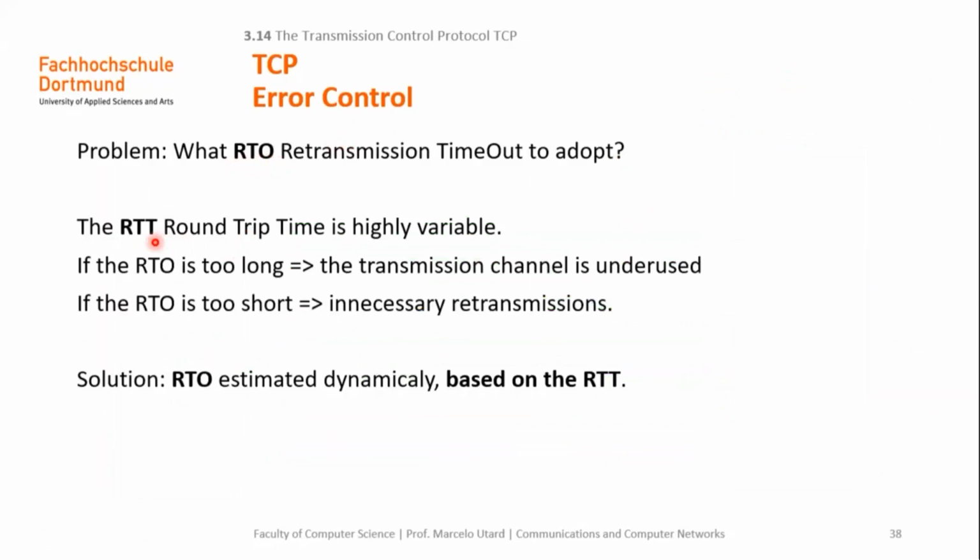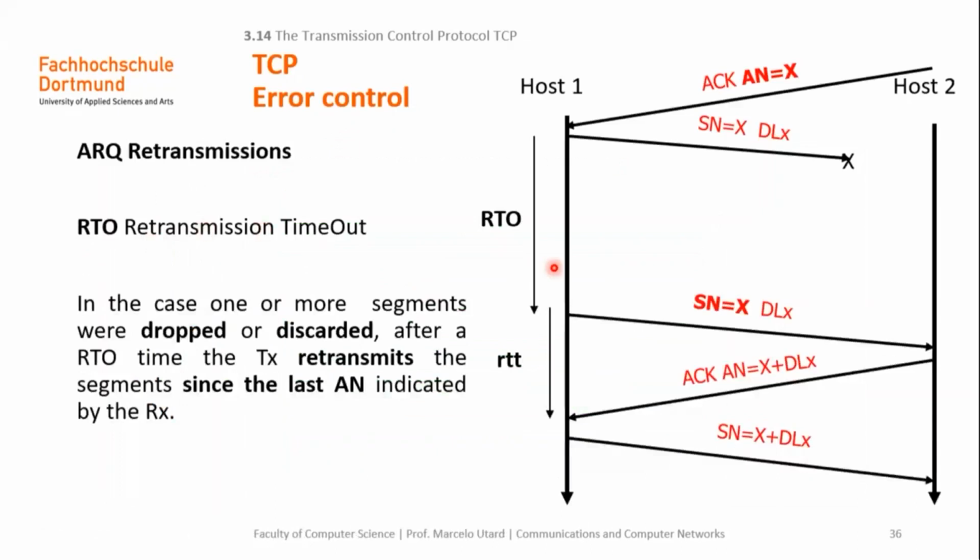The round trip time is the time between the data sent and the confirmation received. This time, called round trip time, is the time that the data spent to go and return. We send this data and we receive this confirmation.